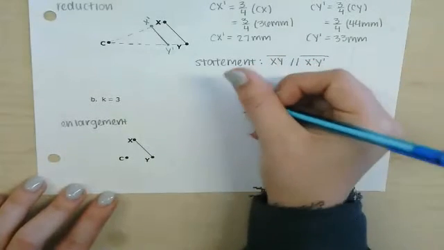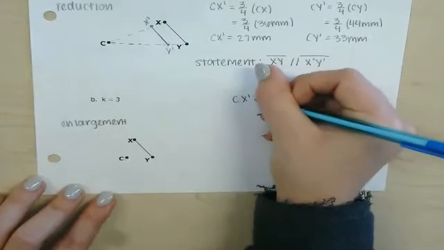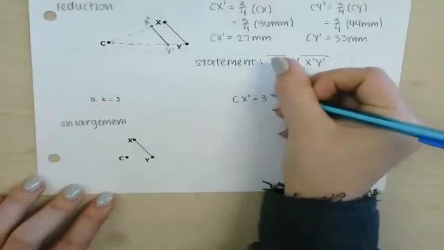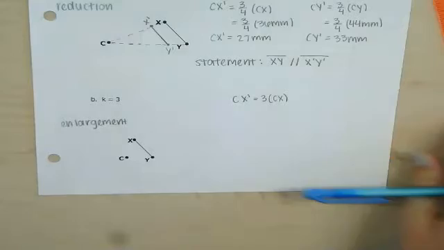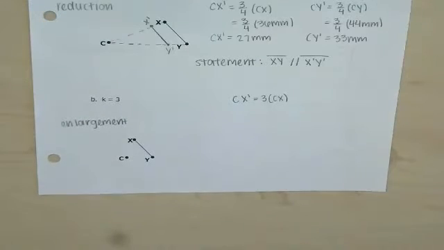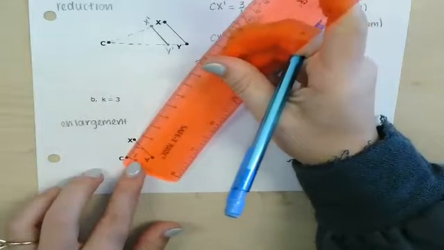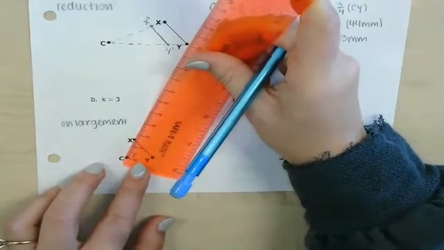First thing we want to find is our CX prime. But in order to do that, we're just going to have to multiply the original line CX by 3, right? So we're going to have to take our ruler and measure how far it is from our center of dilation C to X.